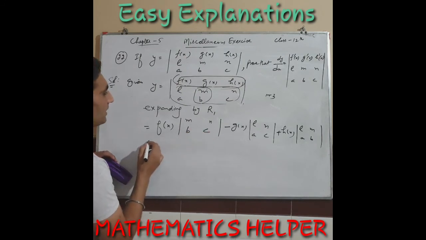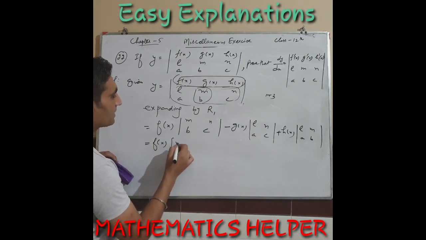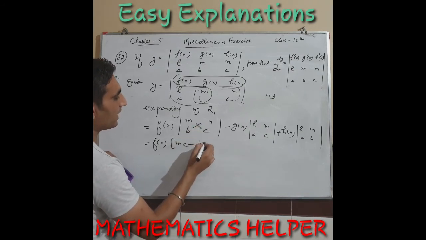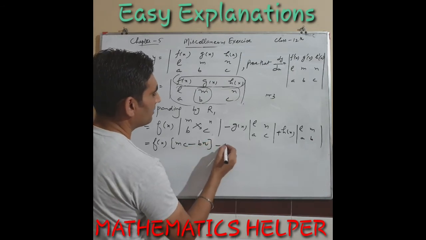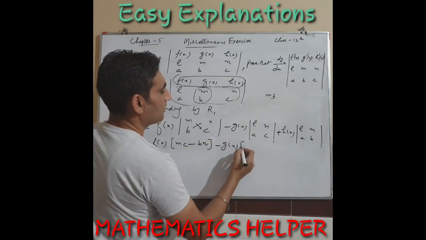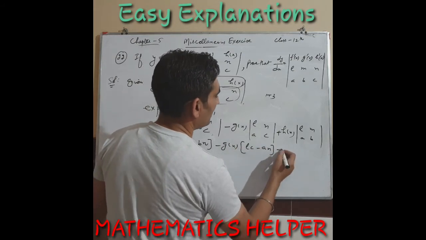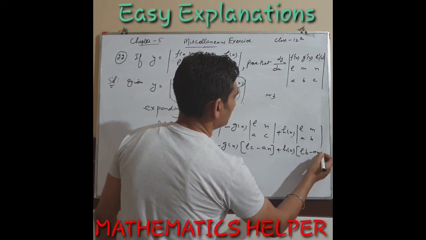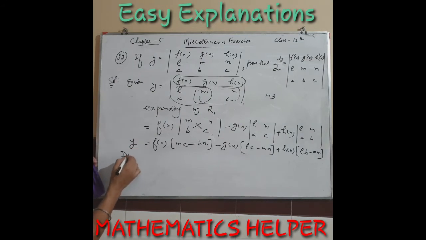So see what the answer will be. f(x) times (mc minus bn), and after that you have minus g(x) times (lc minus an), lastly h(x) times (lb minus am). This is only the answer of y. Now write the derivative, differentiating with respect to x.